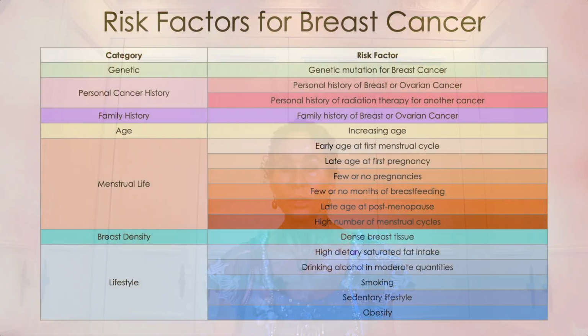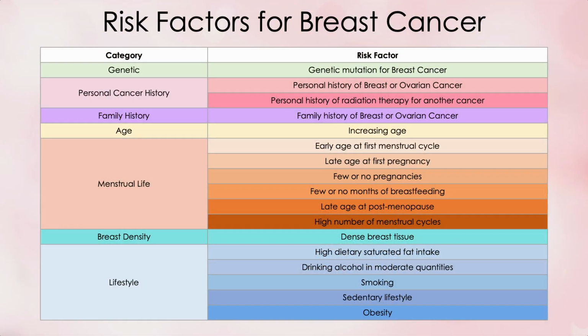If you go back to the long list of risk factors for breast cancer, you see that there is a lifestyle category over which you have complete control. It includes all the following as things that increase your risk for breast cancer: high dietary saturated fat intake, drinking alcohol in moderate quantities, smoking, sedentary lifestyle, and obesity.